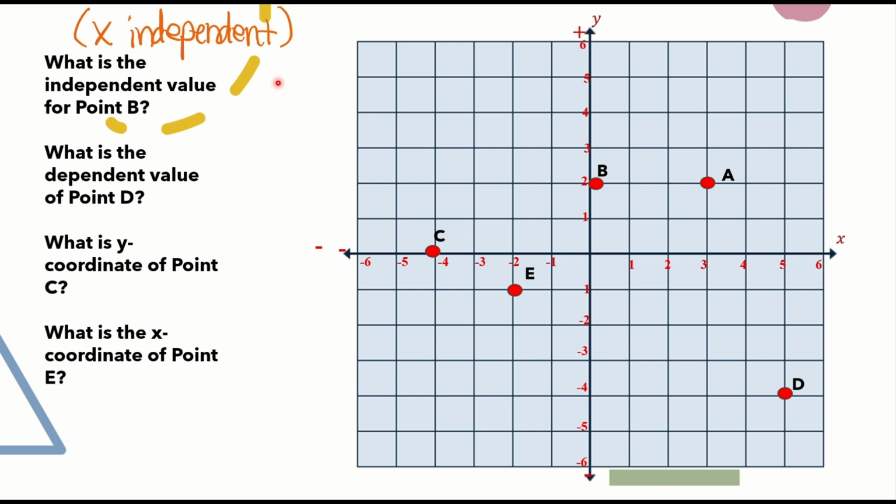So if we know that x is my independent, then that means we know that y is my dependent, which could also be called my x coordinate or my y coordinate. Let's quickly refresh the order. We know that x goes first and y comes second.